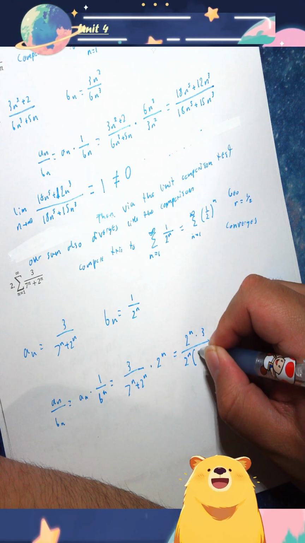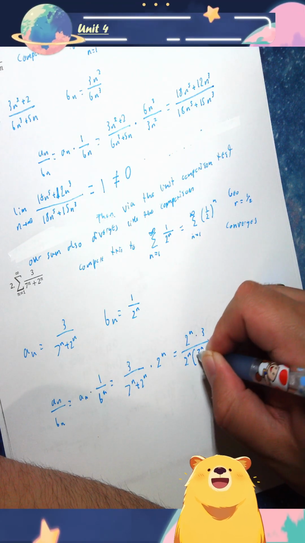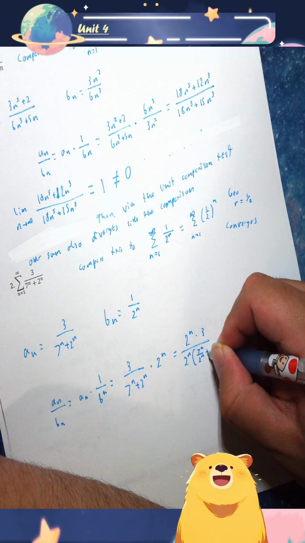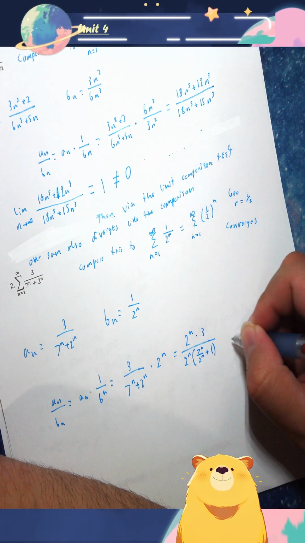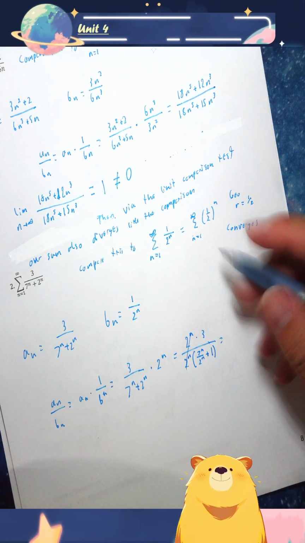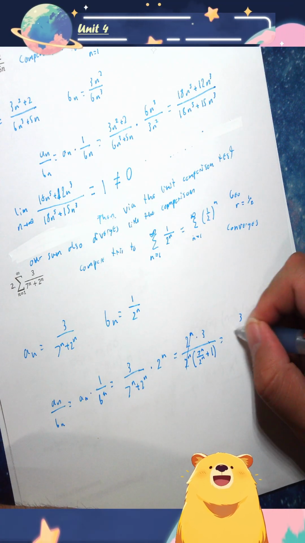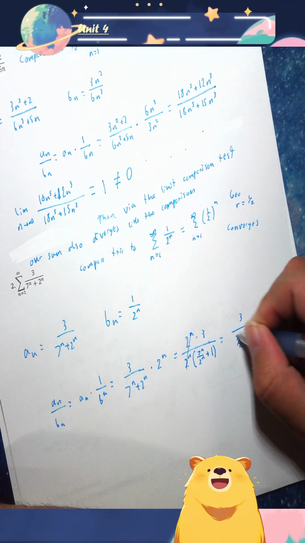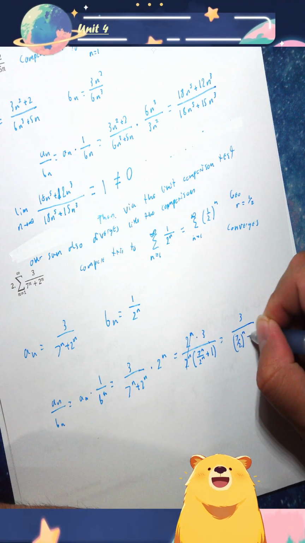So it's going to be 7^n over 2^n plus 1. So they're going to cancel out.